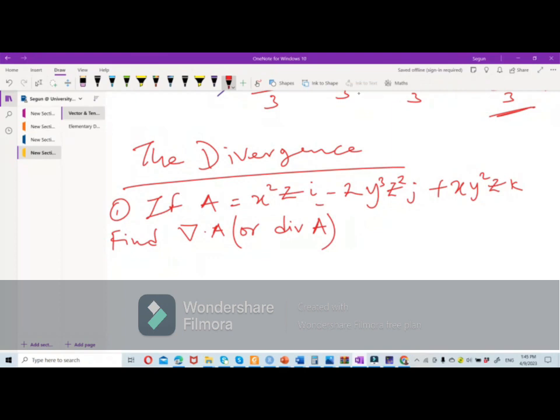At the point 1, negative 1, 1. So the question says if A is this, find this.